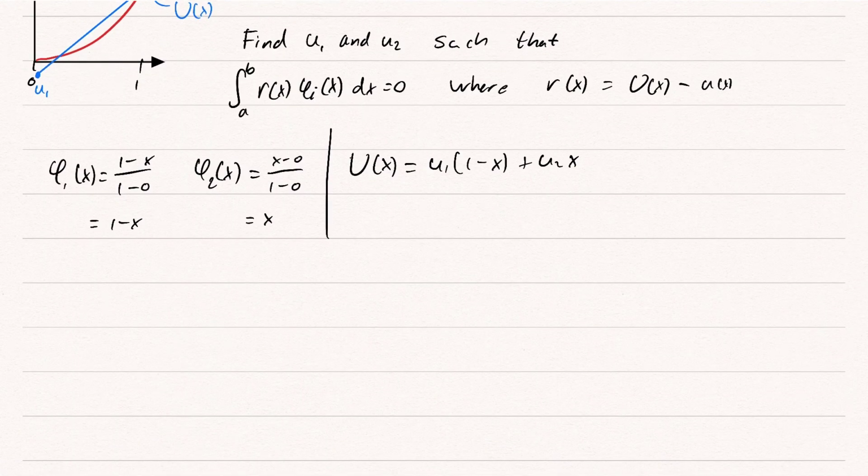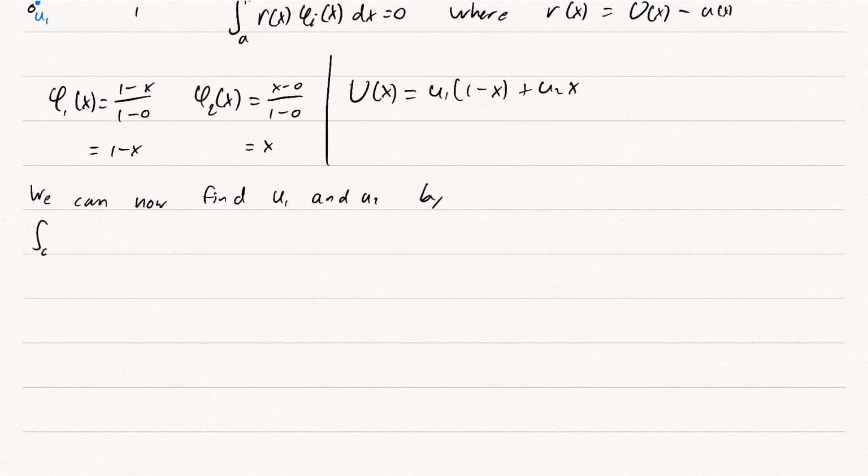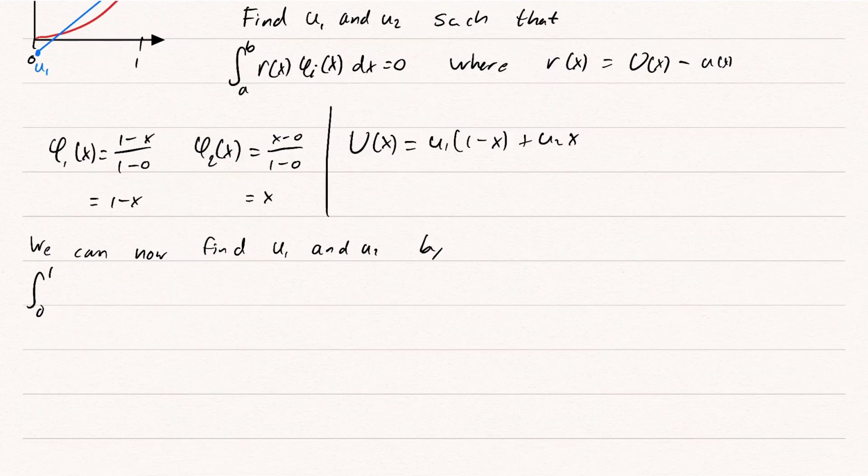Okay, so now we can find u1 and u2 by the integral from 0 to 1 of r of x, which is capital U of x minus u of x, times phi i of x dx.